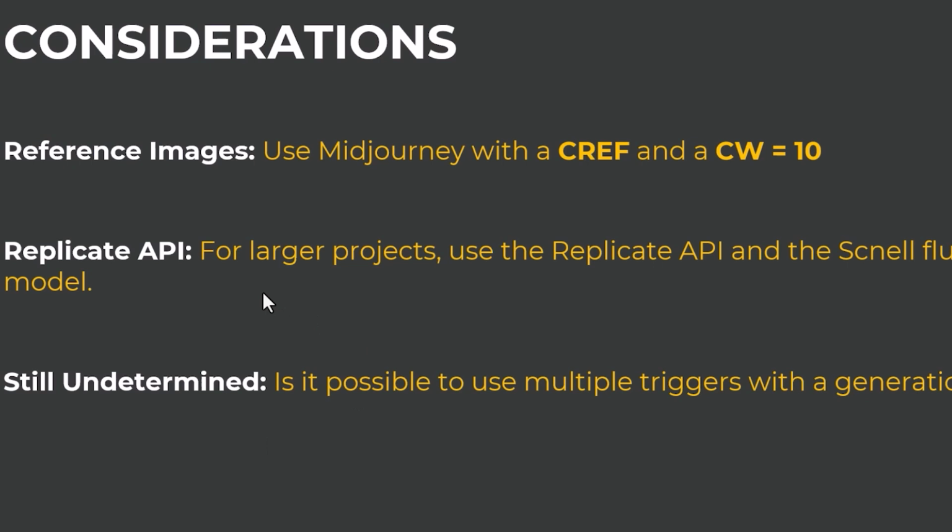Replicate AI is a consideration again when we're talking about generating a lot of images, because generating one image at a time will take some time. The API is what we have to look at to generate a lot of images at once. And still undetermined is whether it's possible to use multiple triggers with the generation. I'm going to test that out. But those are some considerations that going forward you really want to think about. But let's look at what we're talking about when it comes to the reference image.